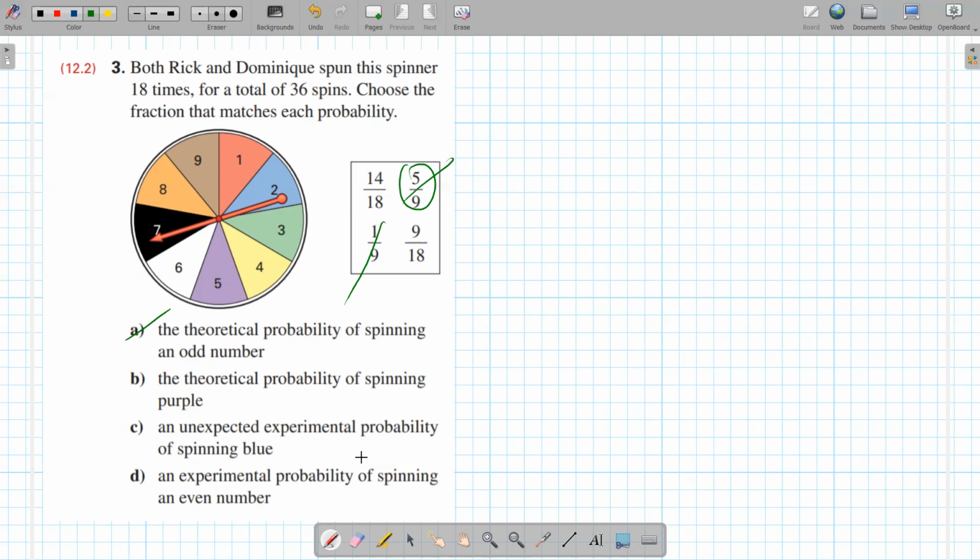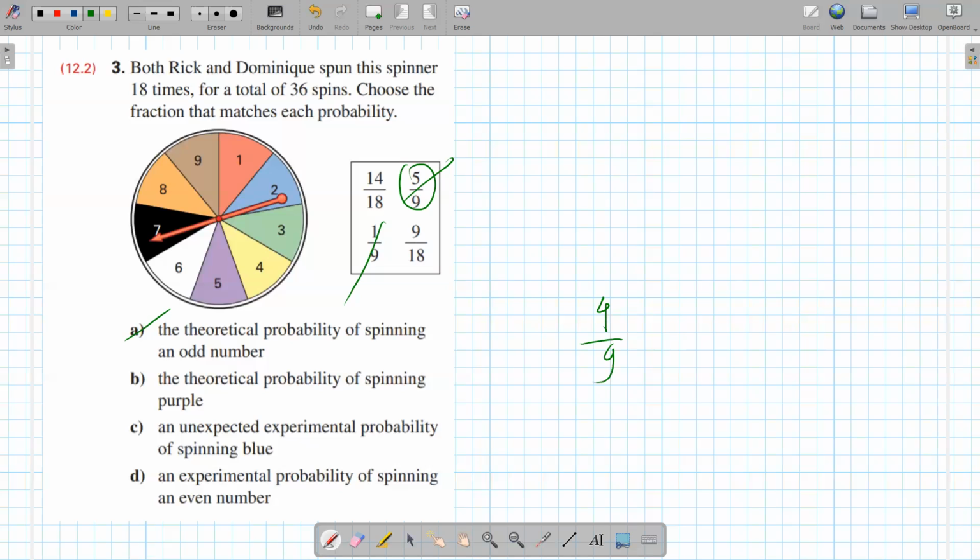Experimental probability of spinning an even number. So what's the theoretical probability of spinning an even number? 4 out of 9, right?